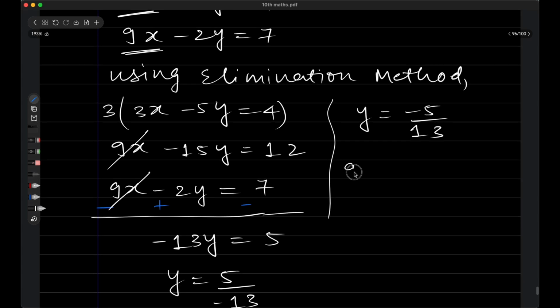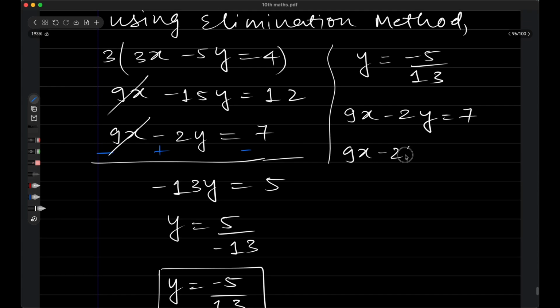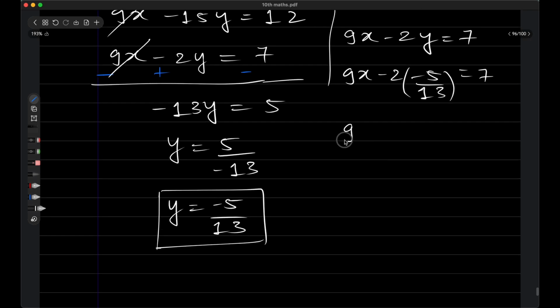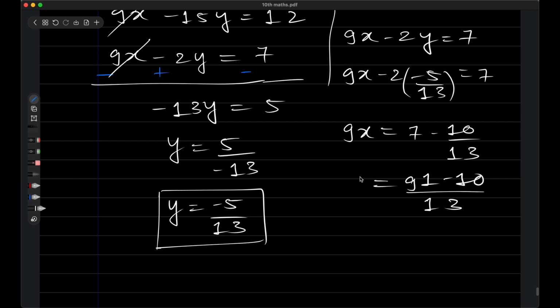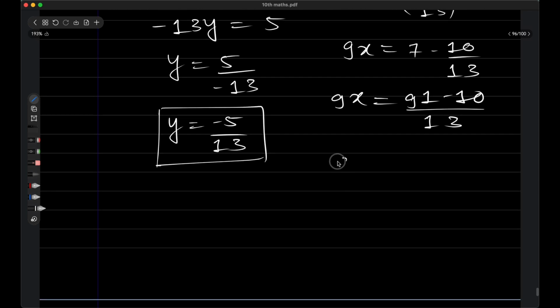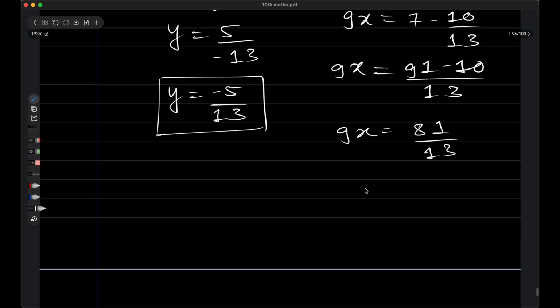You will get the value of x is 9 divided by 13.